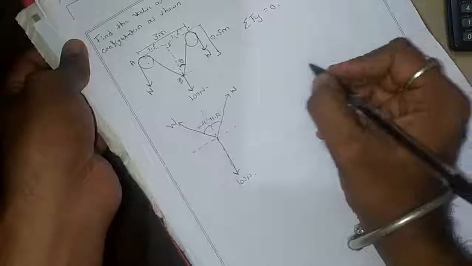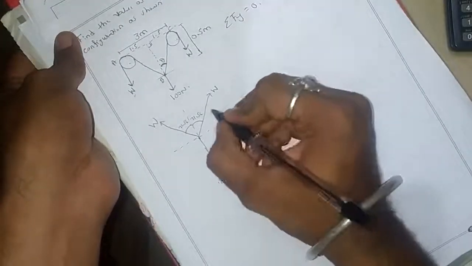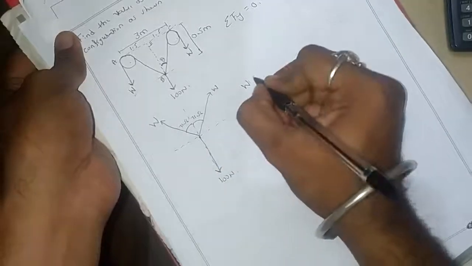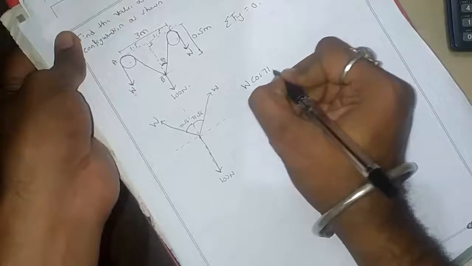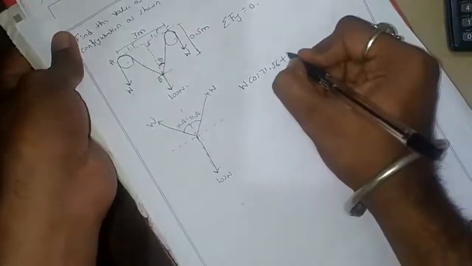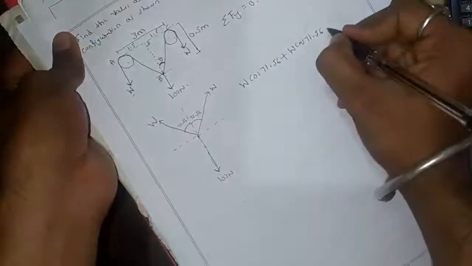So summation Fy equal to 0. That means addition of Y component of all the forces is equal to 0. This is acting in the first quadrant, so this is W cos 71.56, plus here also W, here also theta with respect to Y axis, so Y component is cos. W cos 71.56 plus W cos 71.56 minus 100 is equal to 0.